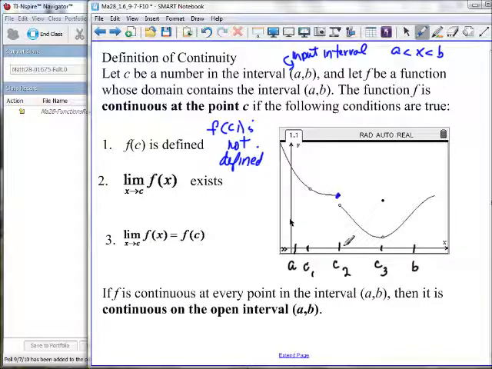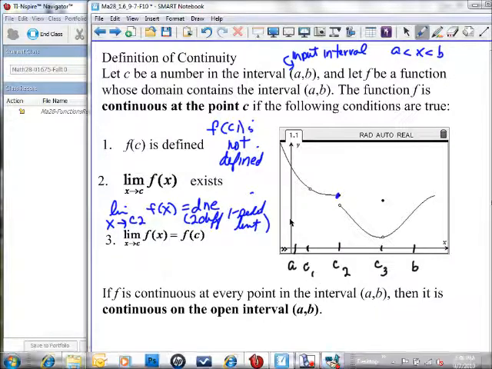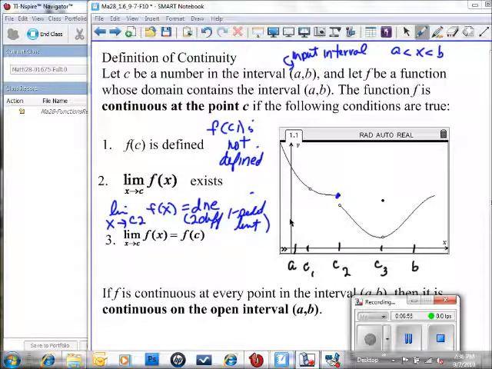The lines don't matter. We have two different one-sided limits. Yes, absolutely. So we can say that the limit as x approaches C2 of the function does not exist because we have two different one-sided limits. Okay, so at C2 we know that that's the case.